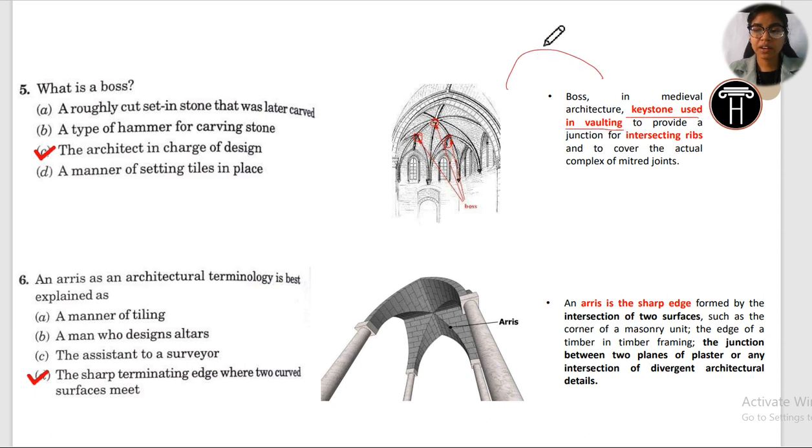In an arch we have the keystone at the top, but in vaulting we have keystones at these positions to provide a junction for intersecting ribs, because these ribs are coming one from this direction, one from this direction. At the junction point of these ribs we used to have this center one, which is known as the boss, and it covers the complex of the mitred joints. So to cover up these joints of the vaults we used to have the boss in the center.